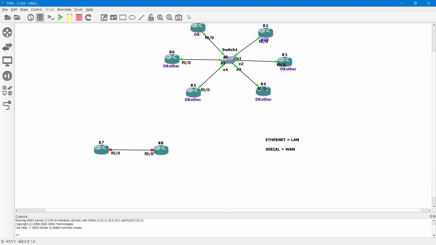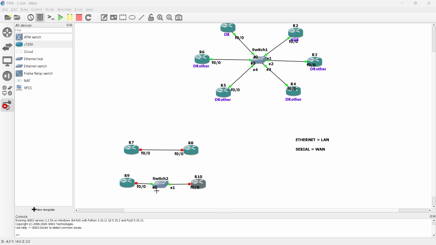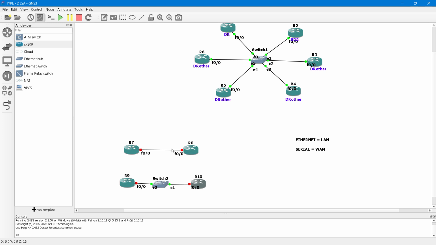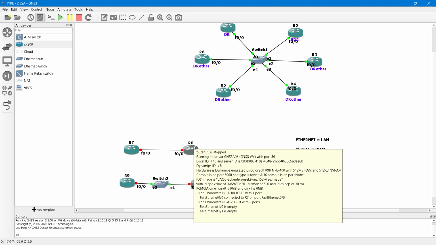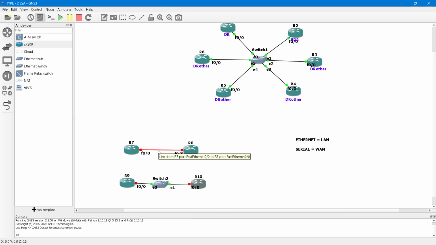This is one example, and the other example is when I introduce a switch in between. Here in this condition, if we compare both, let's say case 1 and case 2, both are the same, because the cable used is Fast Ethernet, and the inherent property of Fast Ethernet is to broadcast.